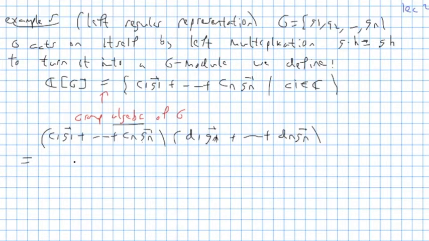This would be the summation over i and j of ci dj, and we have to figure out what element of the group we obtain when we multiply gi by gj. So that's why it's called an algebra. We also have multiplication.